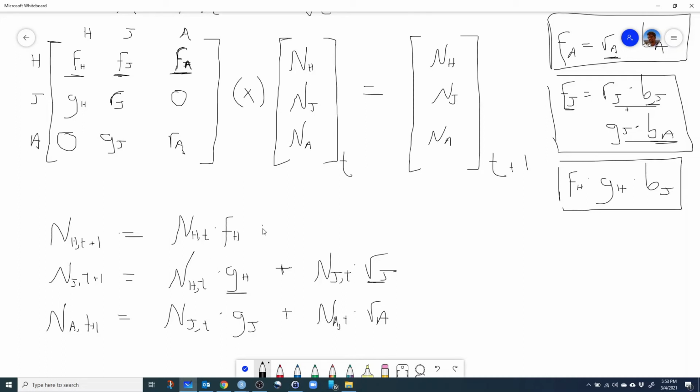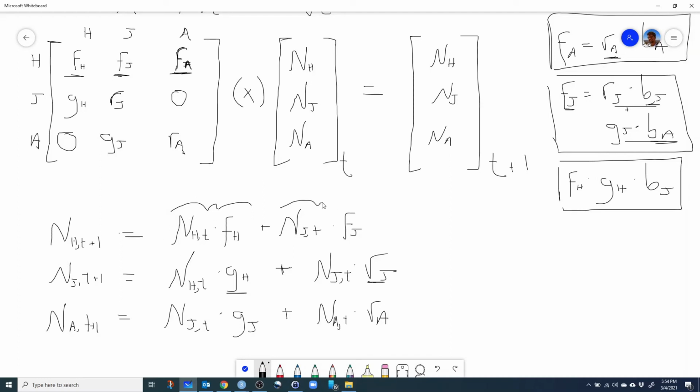Same thing, you take the total number of juveniles in the population at time t and multiply it by the juvenile fecundity. This is the total contribution of hatchlings into the population next year by juveniles this year.